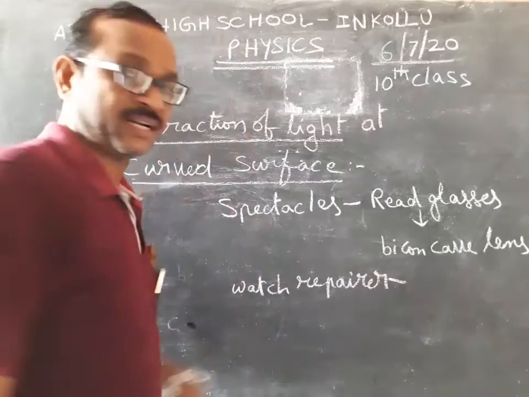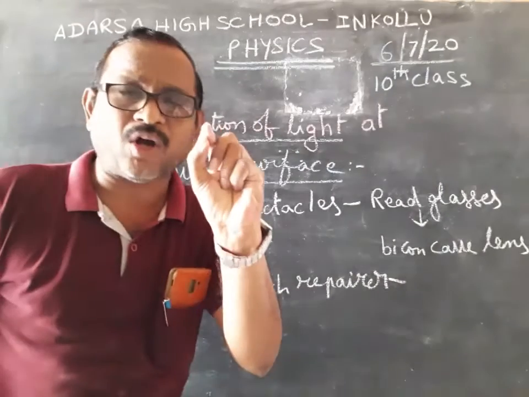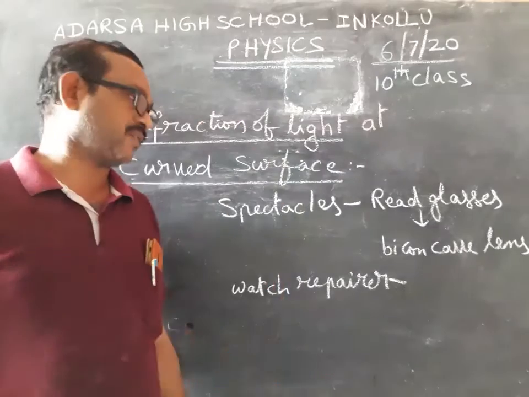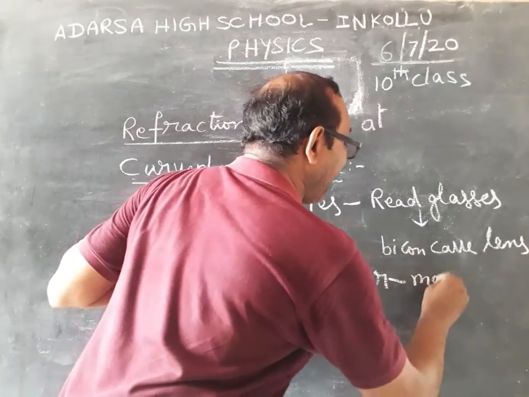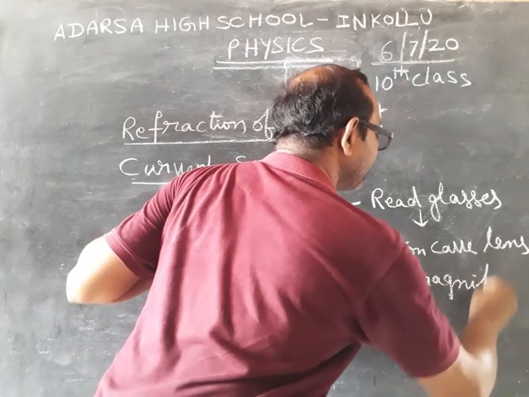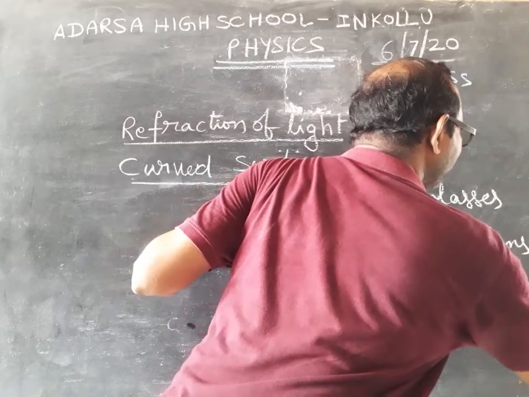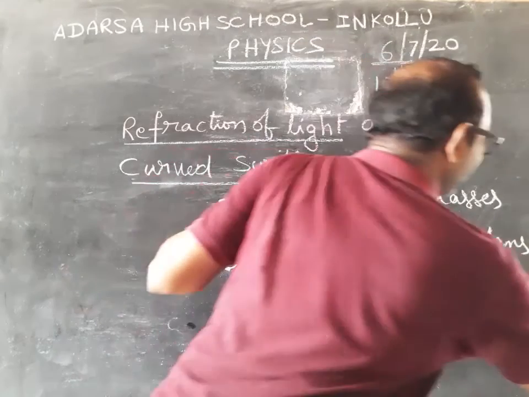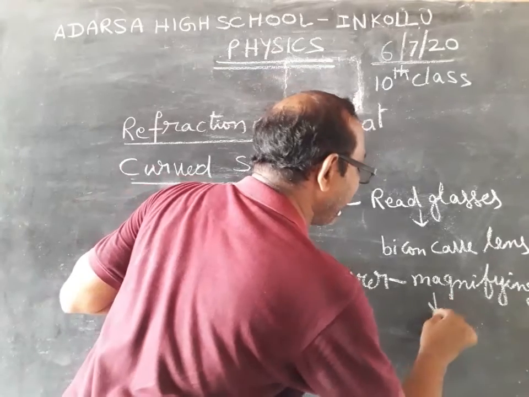Next, the watch repairer. A watch repairer repairs the very small, teeny parts in the watch with the help of a magnifying glass. What do you know about the magnifying glass?